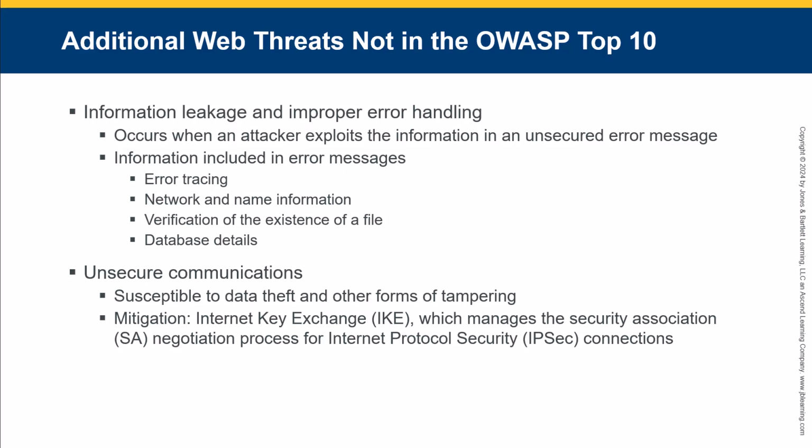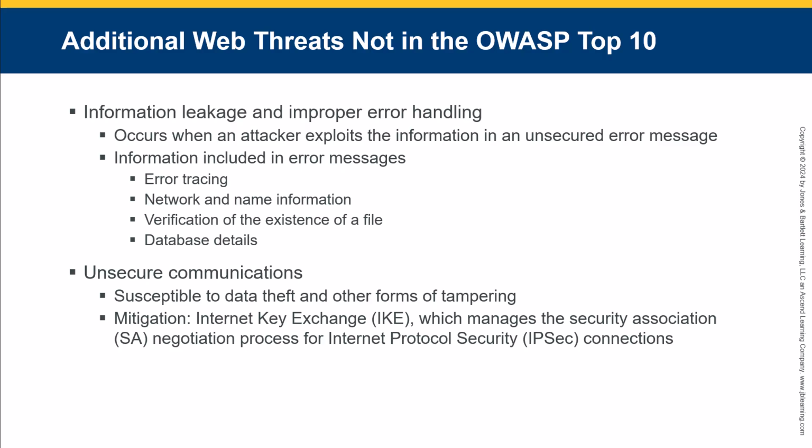Errors happen. So when things occur and an attacker exploits information in an unsecured error message, how are we handling things? When we're getting error messages, are they logged? Are they exposing information? Are they exposing components? What's going on? Information may be included within an error message.